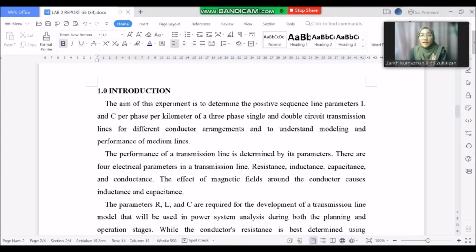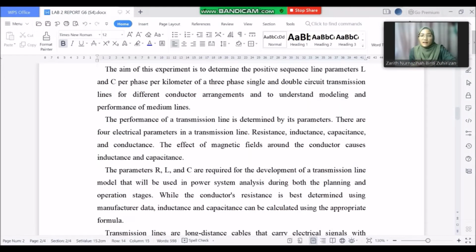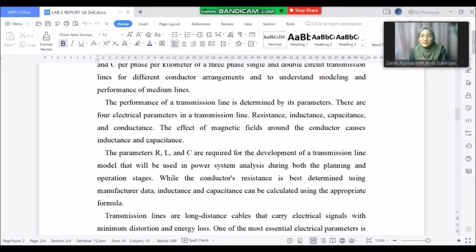There are 4 electrical parameters in a transmission line: resistance, inductance, capacitance, and conductance. The effect of magnetic fields around the conductor causes inductance and capacitance. The parameters R, L, and C, resistance, inductance, and capacitance, are required for the development of a transmission line model that will be used in power system analysis during both the planning and operation stage.